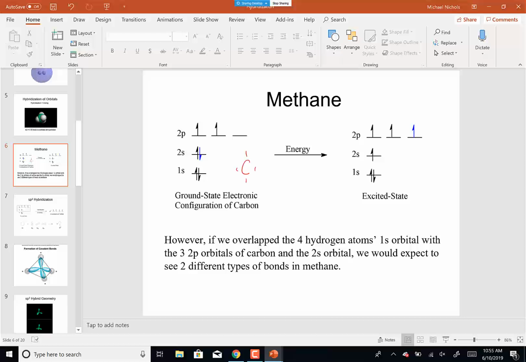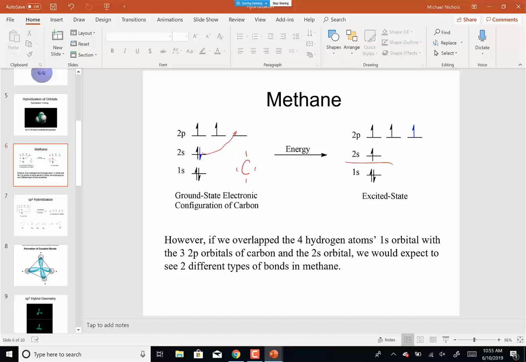So what happens? What happens is you apply a little bit of energy to carbon, you take one of those electrons, you unpair it and you move it up there to the empty 2p orbital. And now you get an excited state. So now we end up with 4 unpaired electrons.